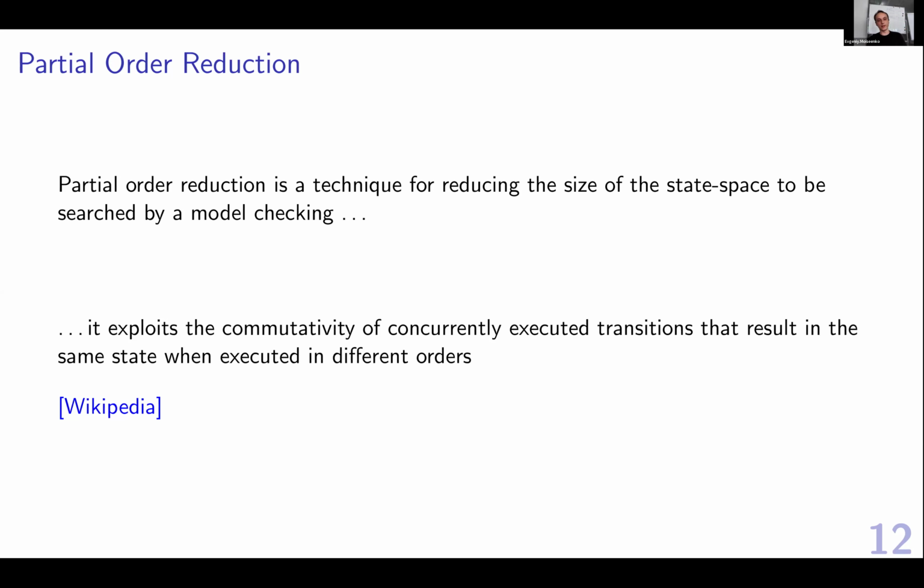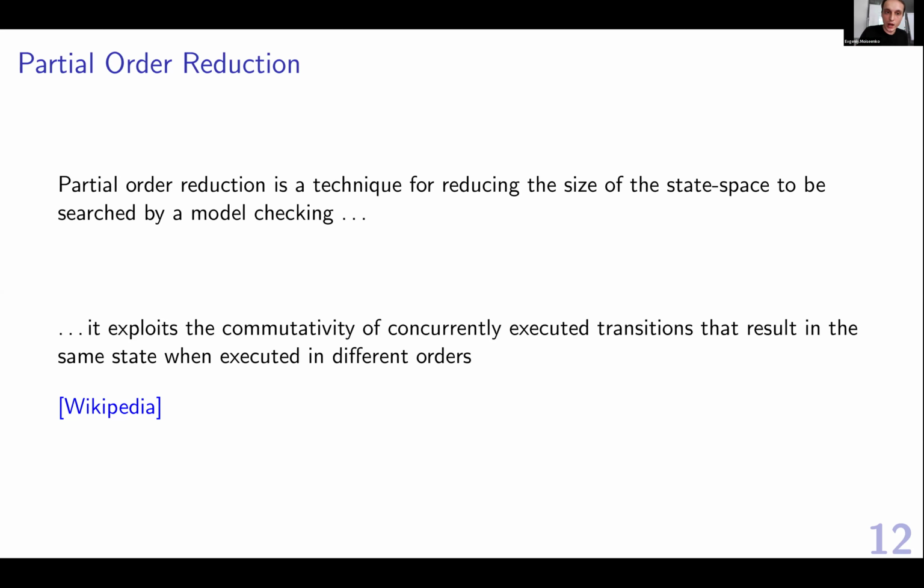The main idea is that we can exploit that certain operations from different threads are commutative, which means that the order in which they appear in the trace doesn't matter. We can reorder them and the result will be the same.